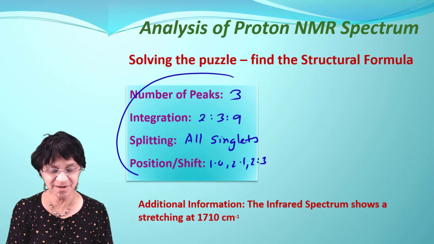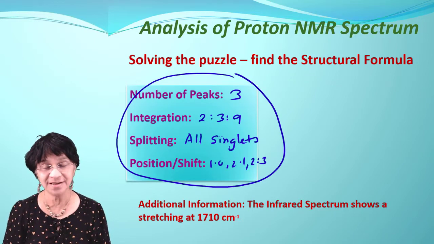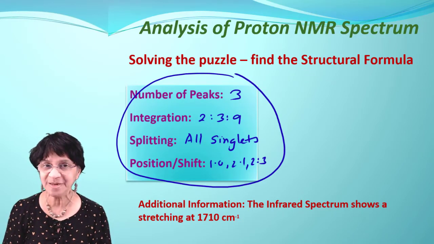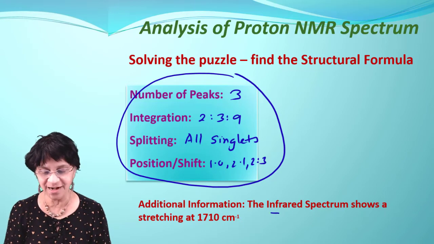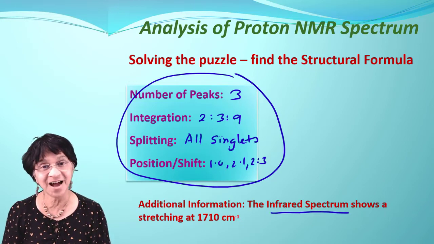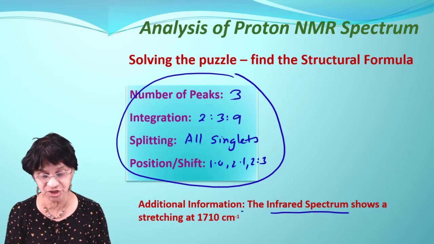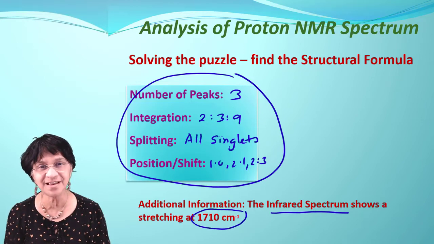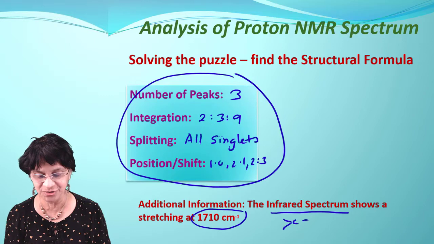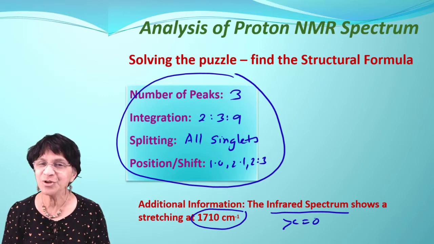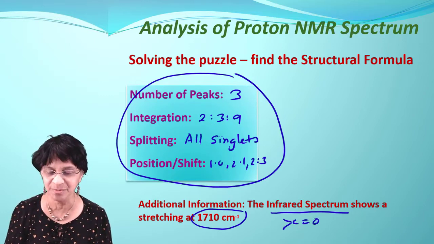So that's summarizing the information which you got. There is one more piece of information given to us, and that is about the IR. The IR spectrum shows a stretching at 1710. What is the stretch for? That stretch corresponds to a carbonyl group. So we got one more piece of information.